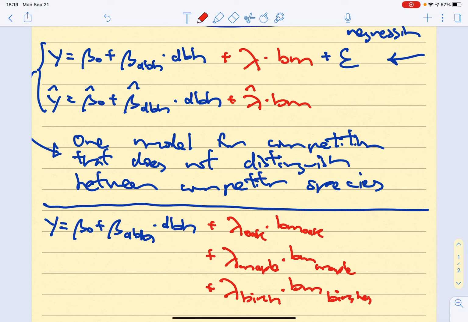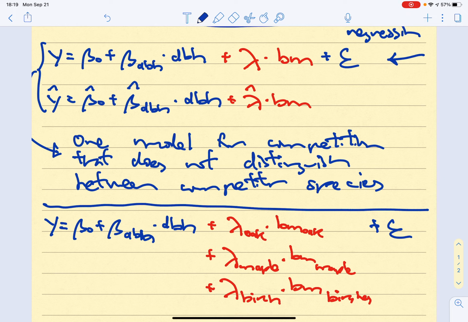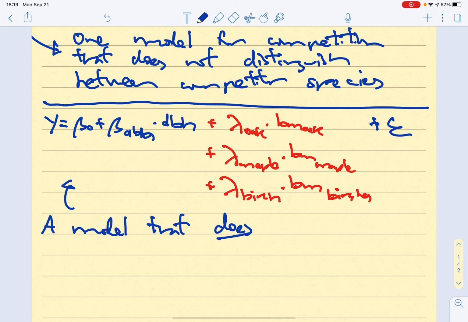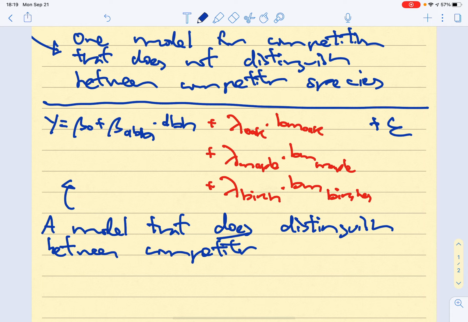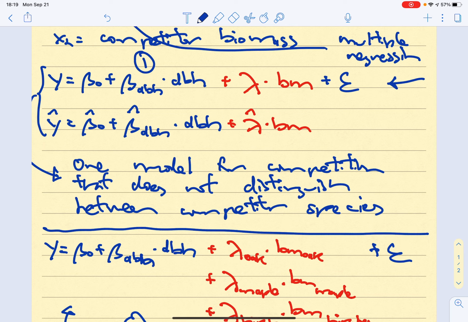You can see we are now making distinctions between the different species. So this is a model that does distinguish between competitor species. Let's call this model 2, and let's call this one model 1.